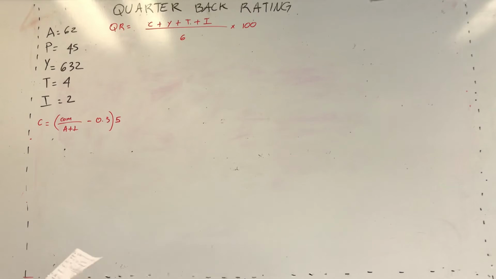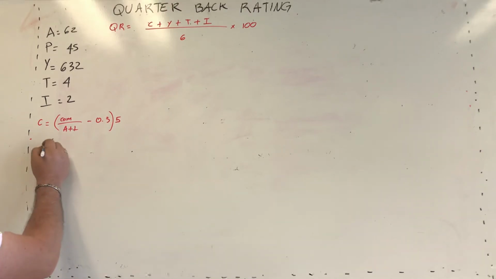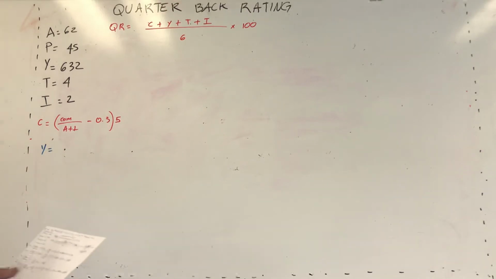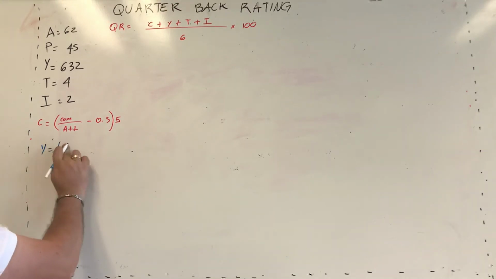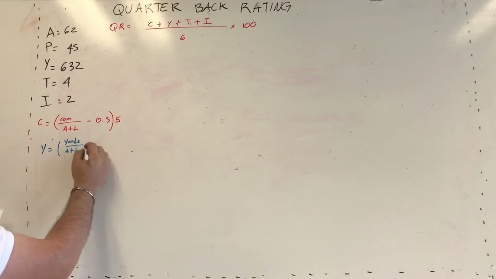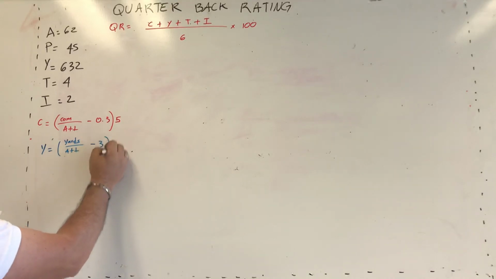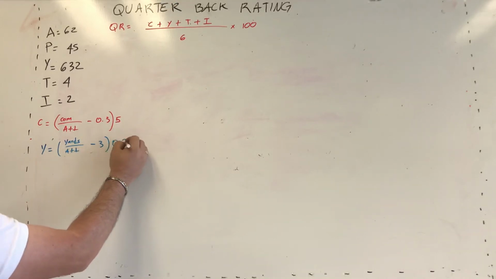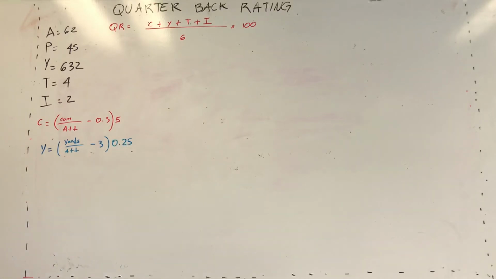This is the formula for that. Now, the formula for Y, or the yards, equals yards divided by the attempts minus 3 times 0.25. This is for the yards.